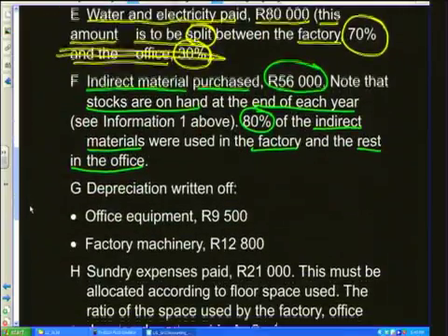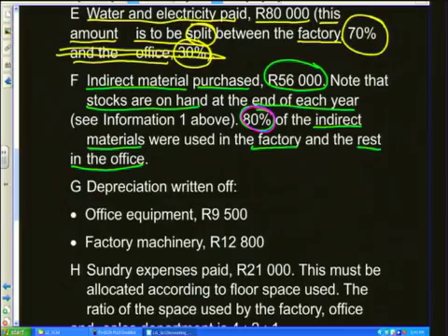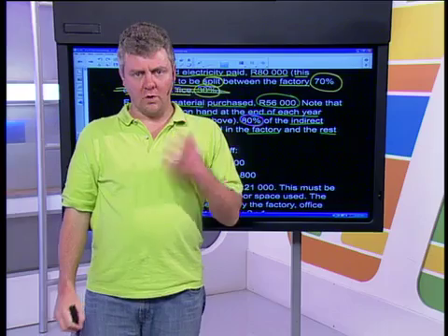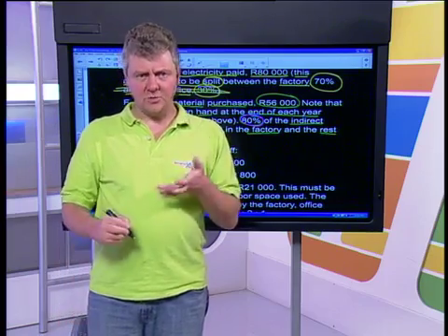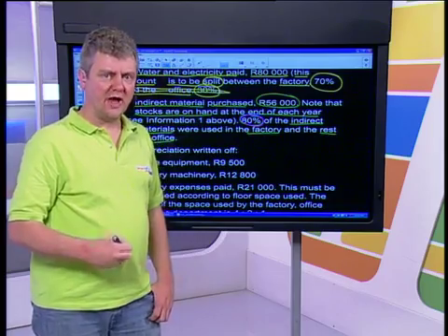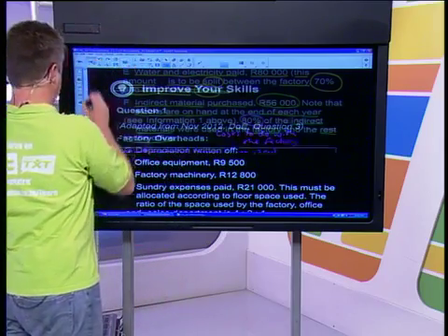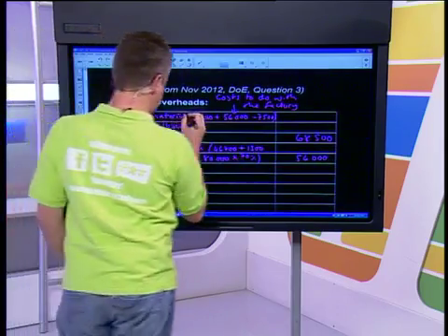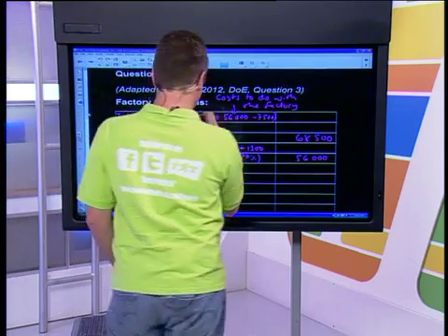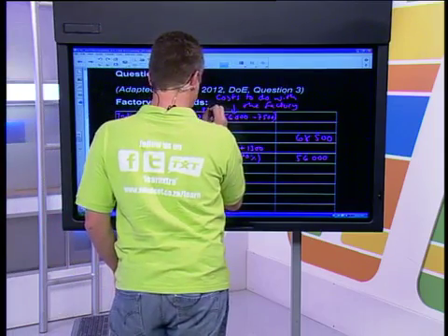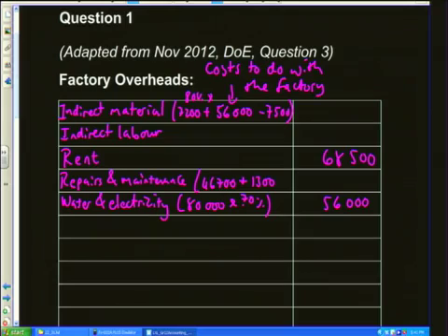It tells us that only 80% of the indirect materials were used in the factory. So once we've got that answer, we still have to work out 80% of it. So let's go back there and just make sure that we've got our calculation right. I'm just going to put times 80%, and that should really be outside the bracket.